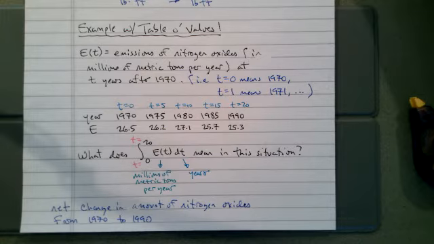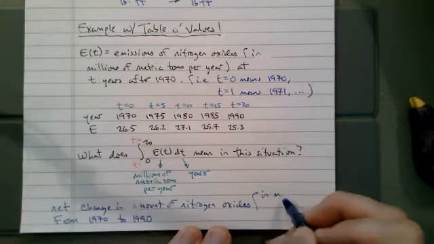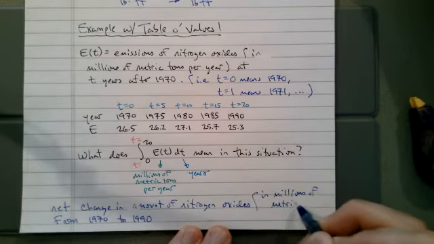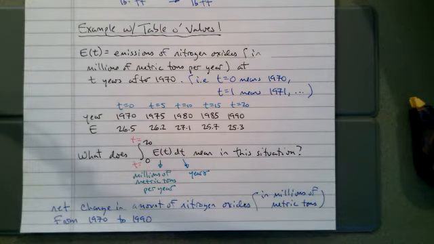It'll be the net change in the amount of nitrogen oxides, in millions of metric tons, from 1970 to 1990.